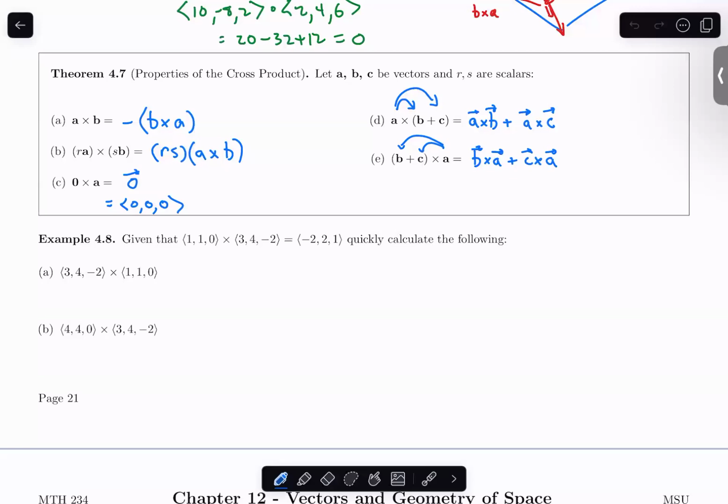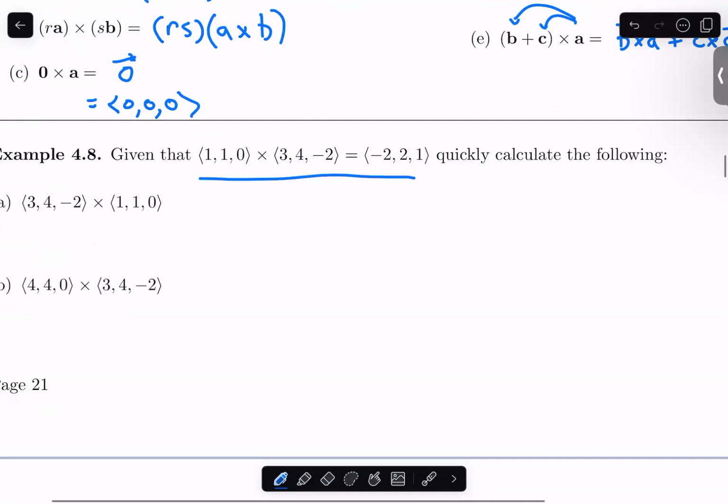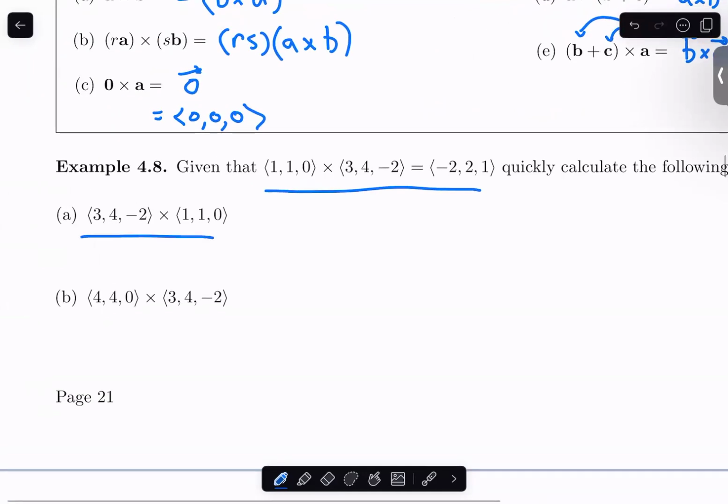All right, let's go ahead and apply these properties here. I've given you quickly here a cross product so that you don't have to calculate it all out. My question is, given this piece of information, can we use that along with our properties in order to get something else?